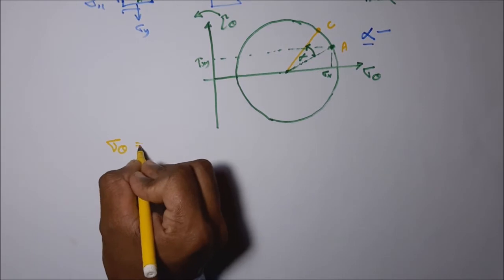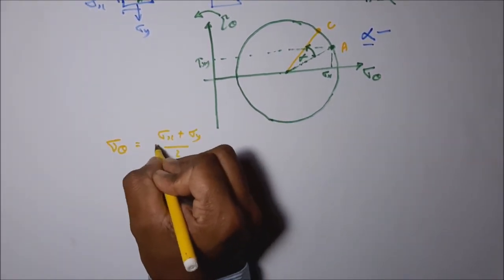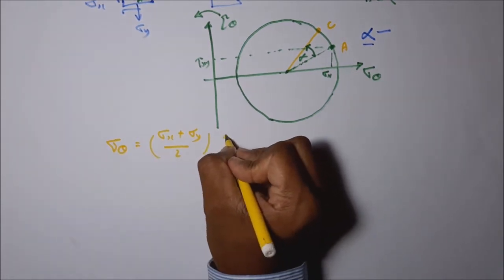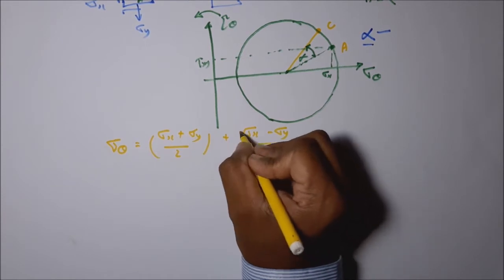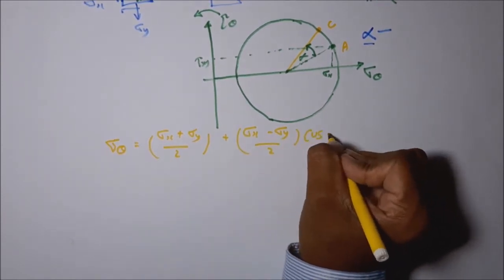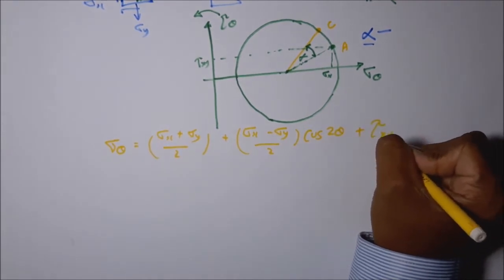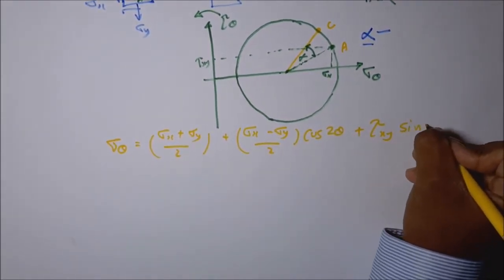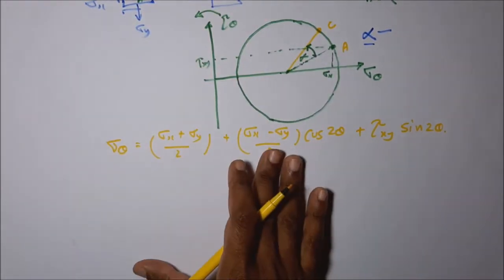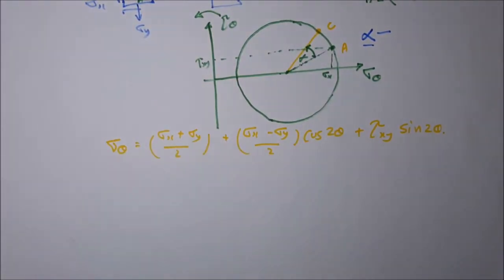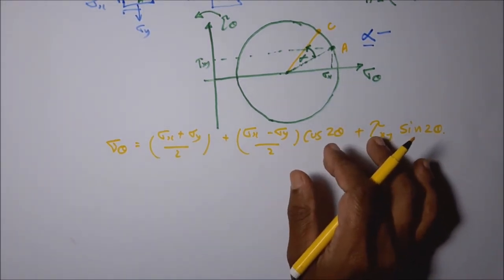We have this equation: sigma theta equals sigma x plus sigma y divided by 2, plus sigma x minus sigma y divided by 2 into cos 2 theta, plus tau xy sin 2 theta. This is the equation for sigma theta we obtained from the planar stress transformation equations.